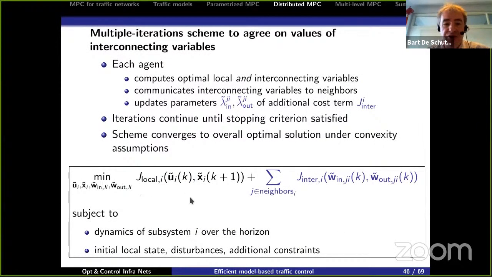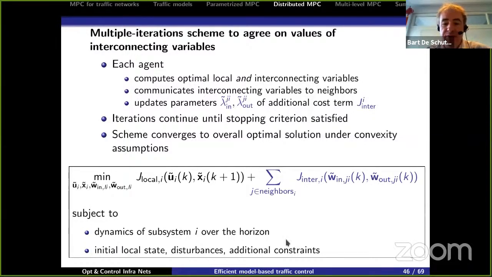So every agent will solve a local problem, considering only its local control inputs and the local states, as well as the values it gets from the neighboring agents in their previous iteration. And in addition, we have an additional term that will actually take care of the matching between the inflows and the outflows.